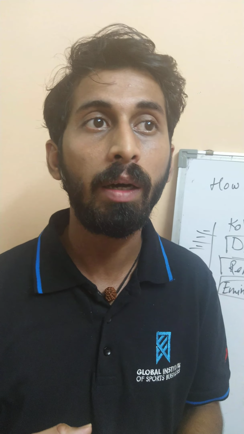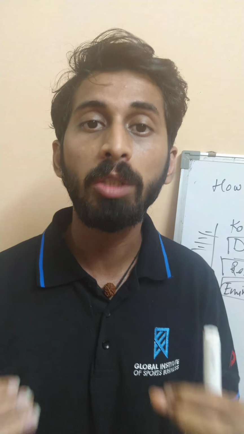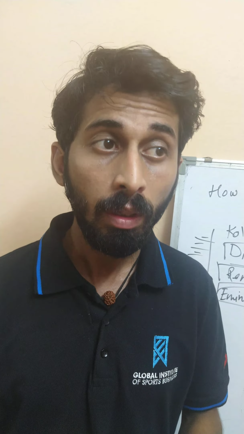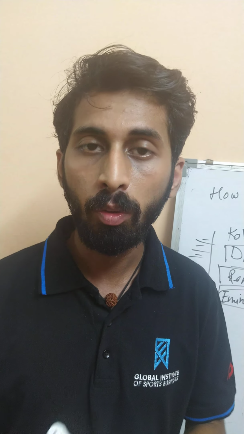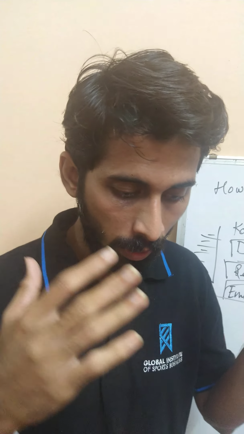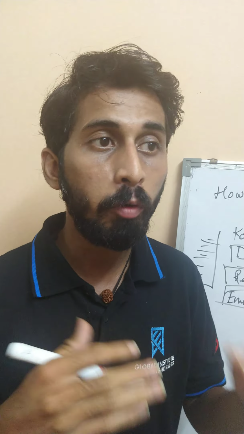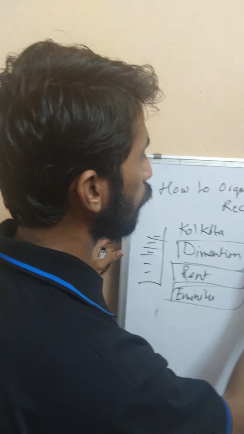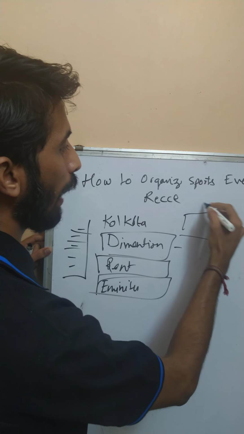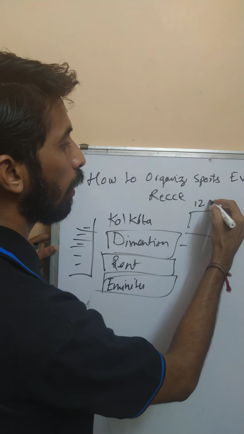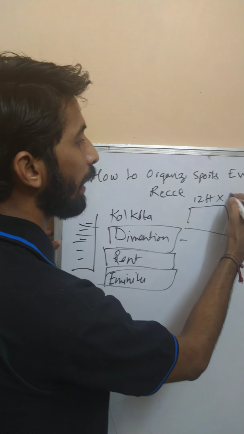The second thing you are going to take note of is whether there is any possible branding space, whether the venue or the ground is on the road, or if you see any frames which are not used, you can take a note of the dimensions. Suppose you want to make a backdrop, and for the backdrop you are choosing 12 feet by 8 feet.